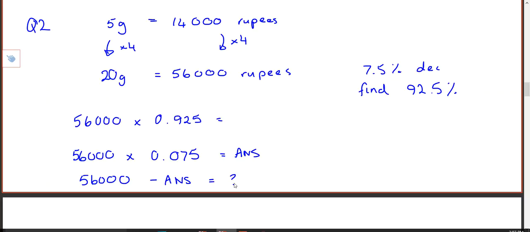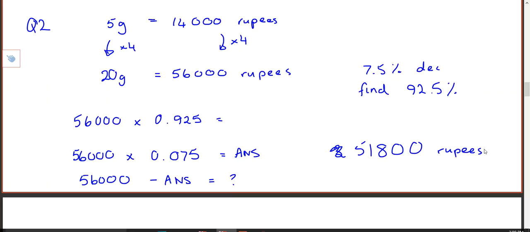I took it away from the 14,000 rupees. Yes, because I think some people worked out the decrease on the 14,000 and took it away, not realising that actually you've got 4 times as much as that. Okay. So, anyone, what's the right answer? 51,800. Okay. So that should be it.